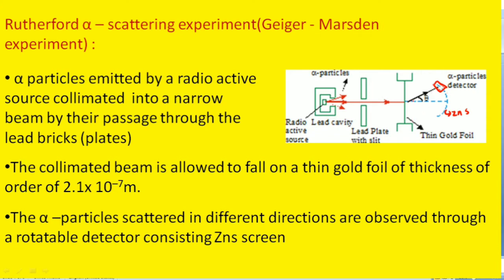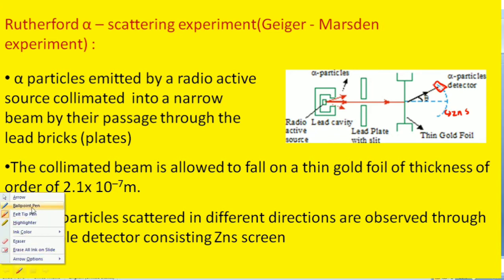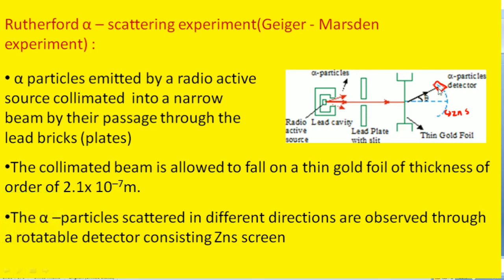This detector detects how many alpha particles are incident and how many alpha particles are scattered at a certain angle. This is the experimental setup used to study alpha particle scattering.